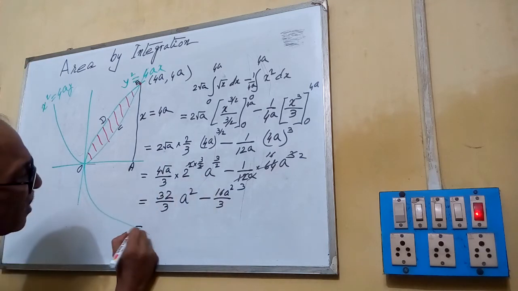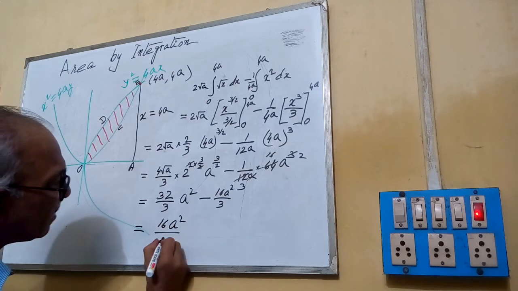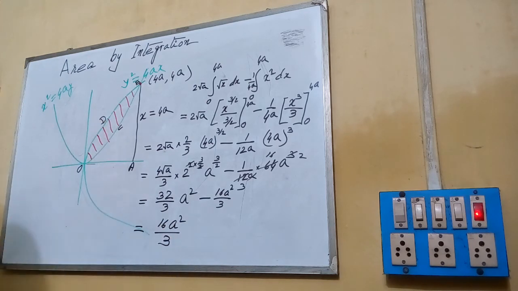So how much will it come to? 16 a square by 3. So it is ultimately coming to 16 a square by 3. This is our required area.